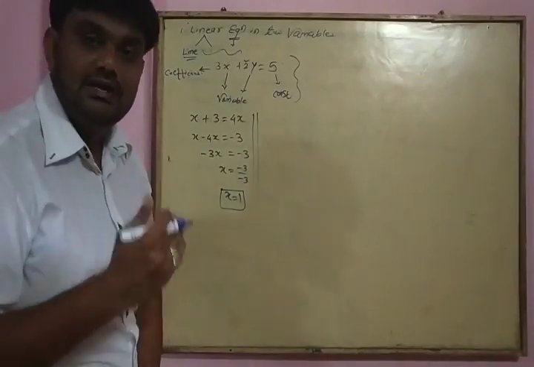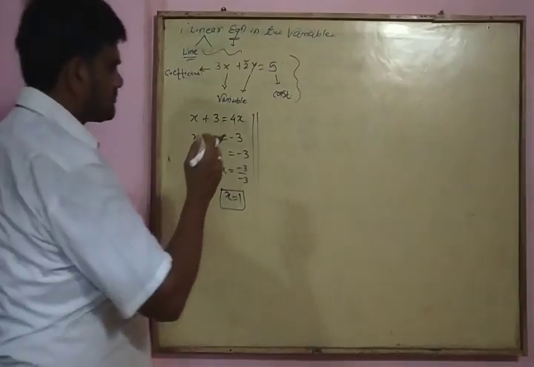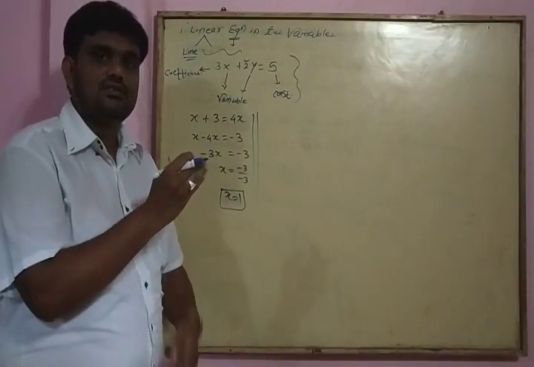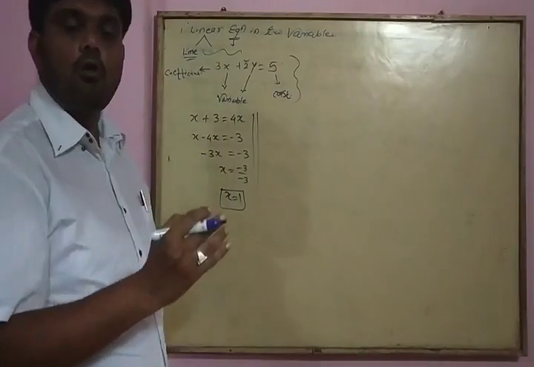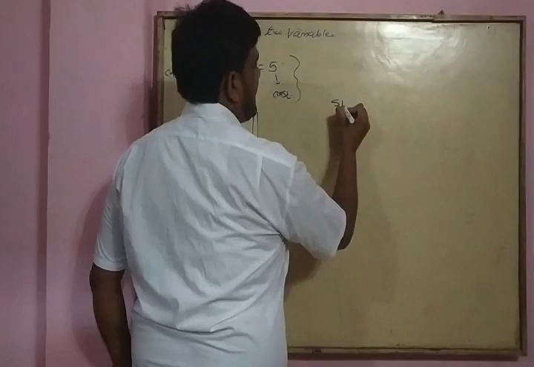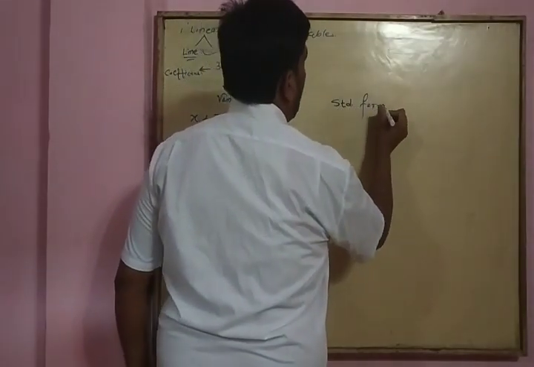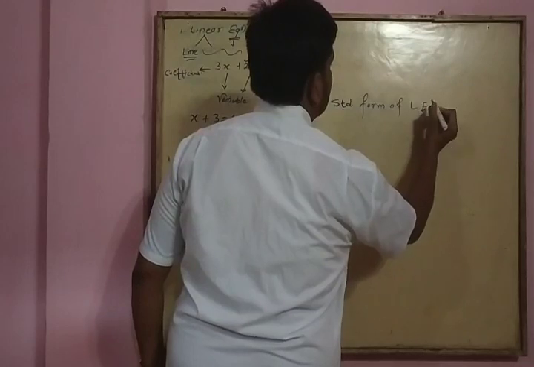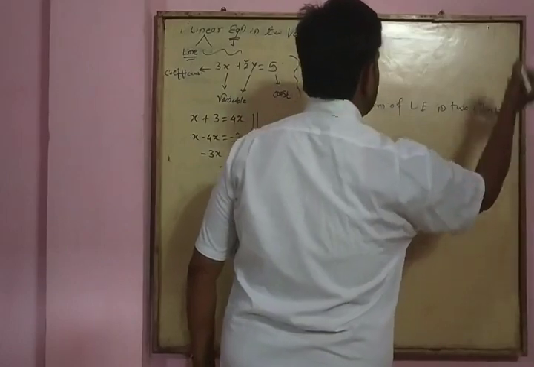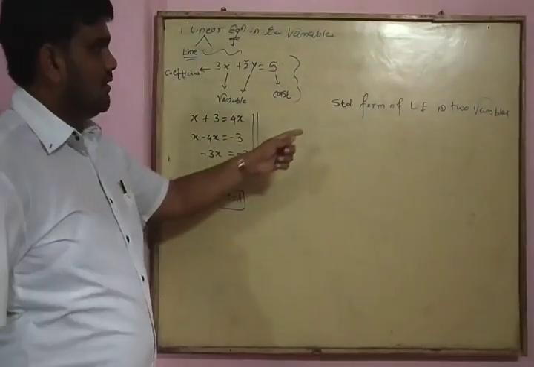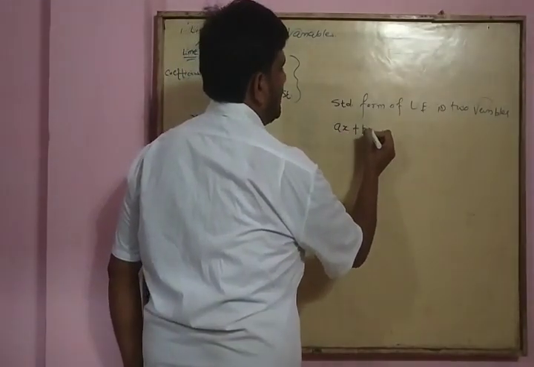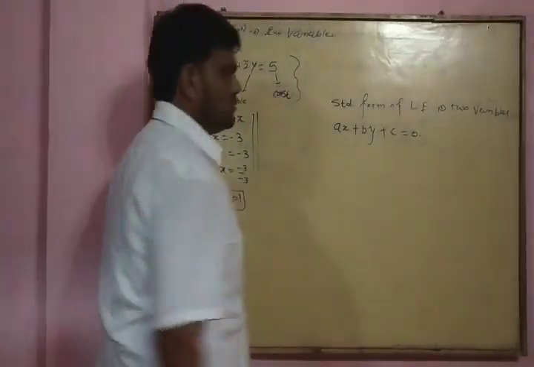We are going through very basic concepts, so now we look at the standard form of linear equation in two variables. The standard form of linear equation in two variables is ax plus by plus c equal to 0.